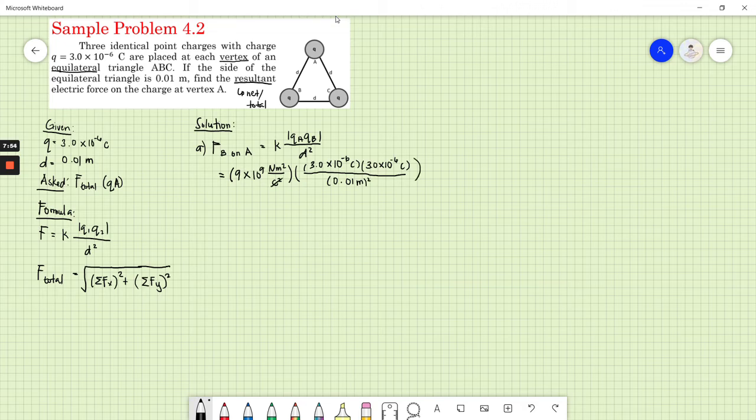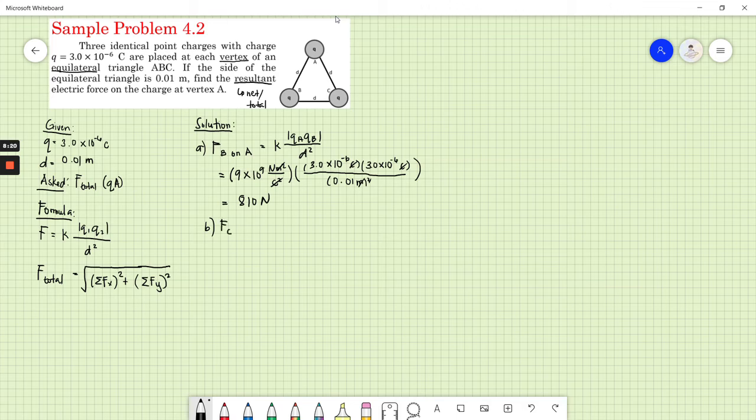So we know that our coulomb squared here would be cancelled because we have two coulombs here. And since we are squaring our meters, we cancel that. That also cancels. We're left with newtons, which is the correct unit for this case. And we know that this is actually equal to 810 newtons.